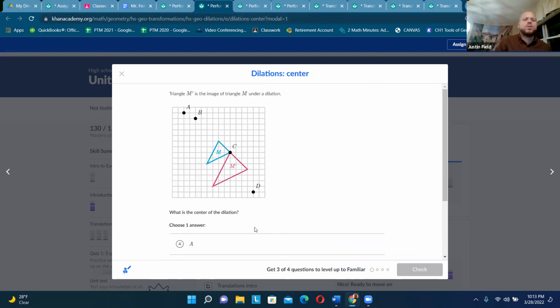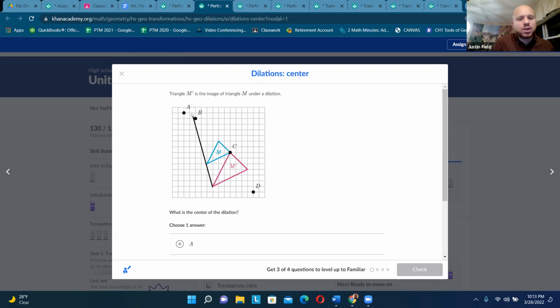All right, what about this? Mr. Field, where's the center? Here's where the center is. So to find the center, we want to take a pair of corresponding points, like this one and this one, and we want to draw a line through them. That line will not only go through those 2 points, it will also go through the center.